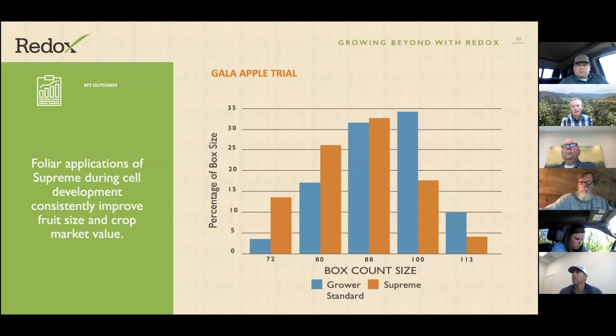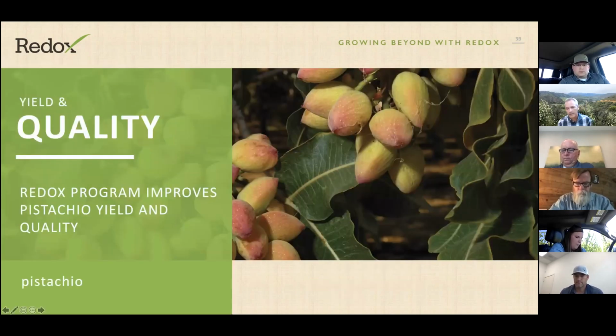So again, fruit size is really improved here, making the crop much more attractive to the market based on its size. And this is really an incredibly important feature in the market that we're in right now, Gala being the largest apple cultivar grown in Washington State. So we have arguably a supply surplus on that variety up here now. So size is really important.